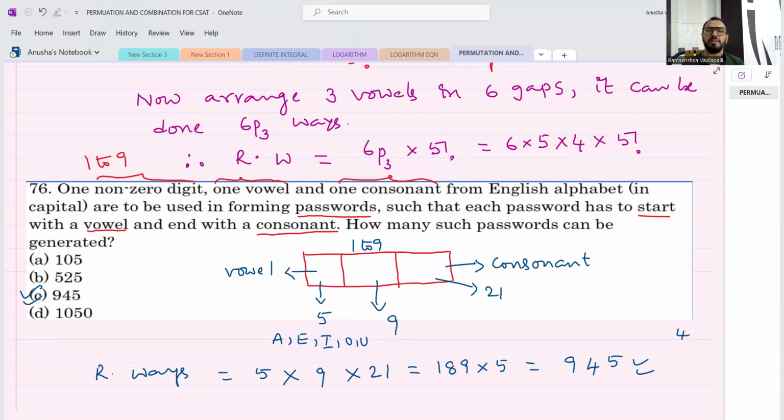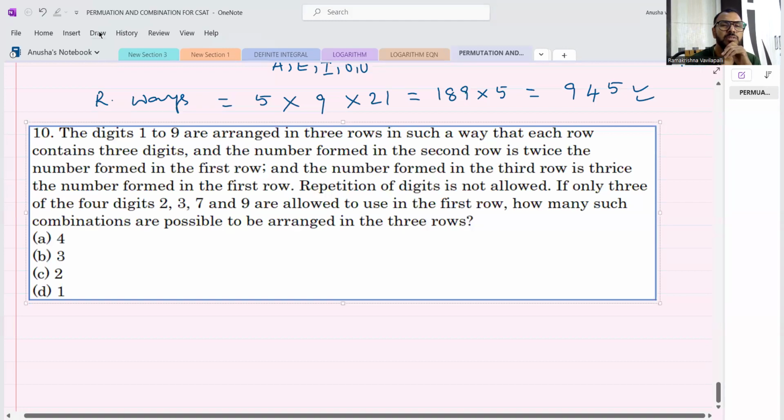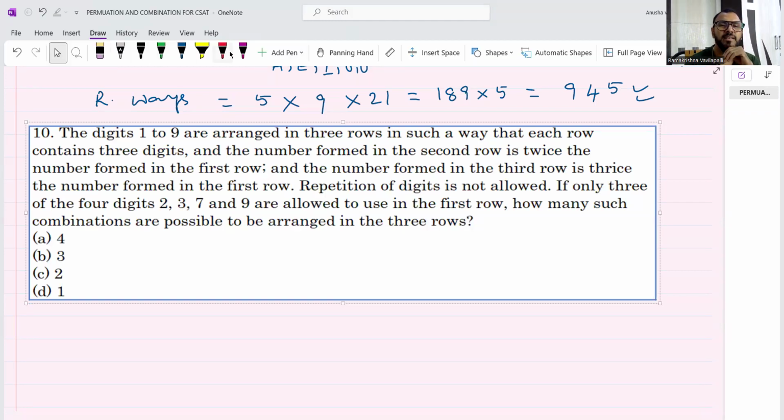I'll bring another question. Here is another question of CSAT 2022.